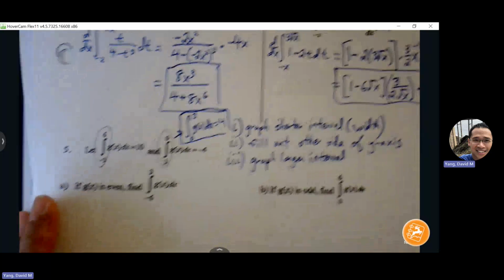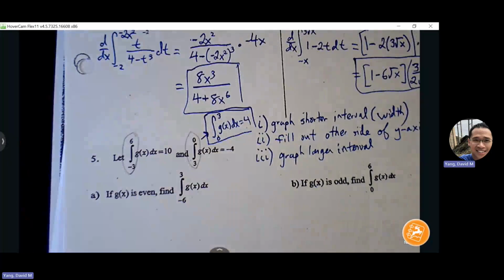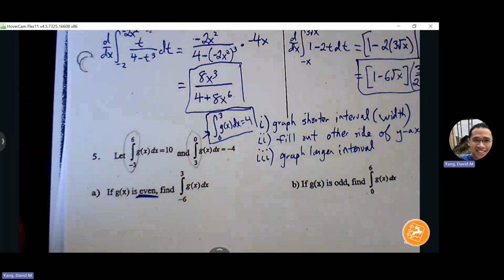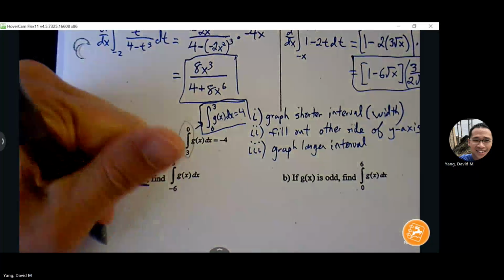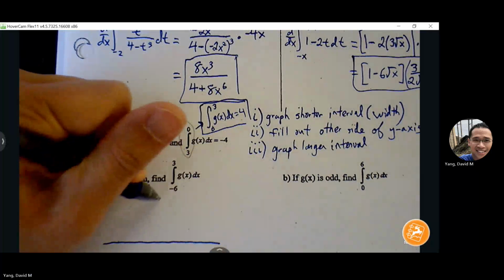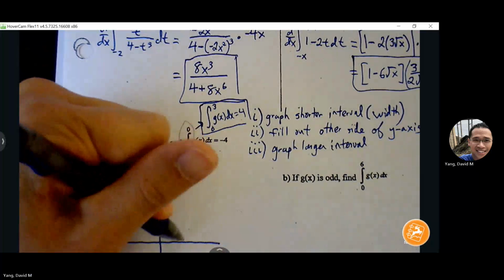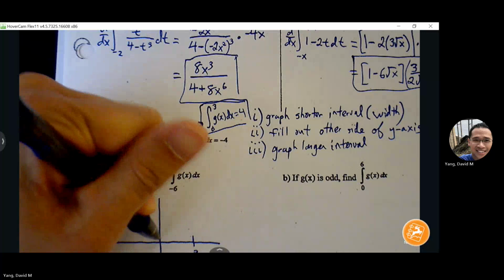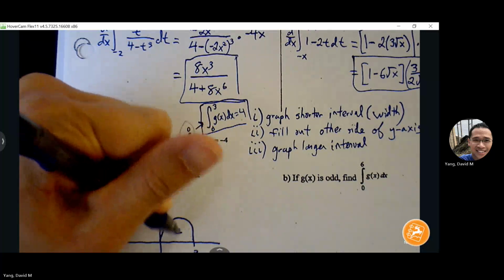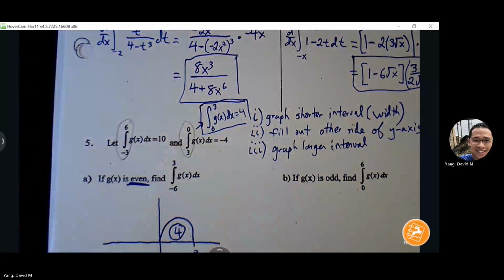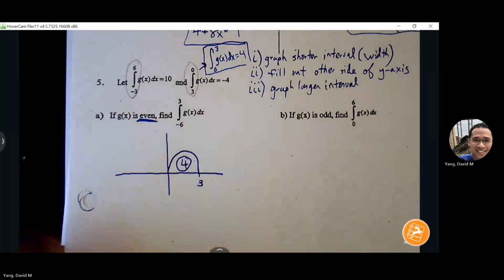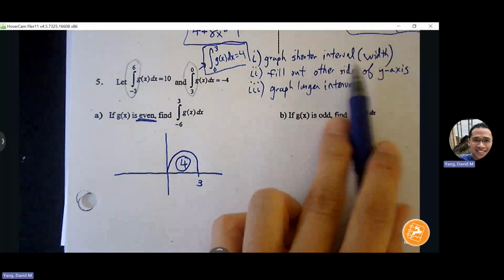Okay, so we'll start with the smaller interval there first. So on our graph, part A is even, so it's an even function. Okay, so we graphed our shorter interval.